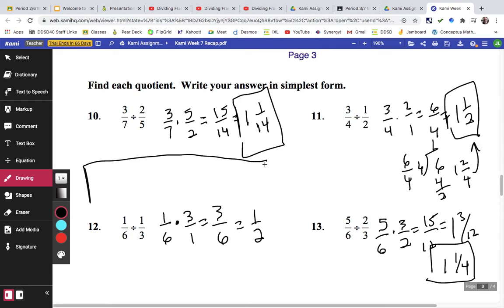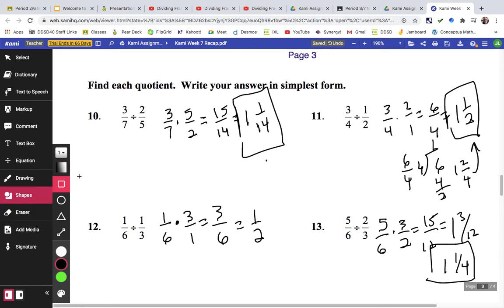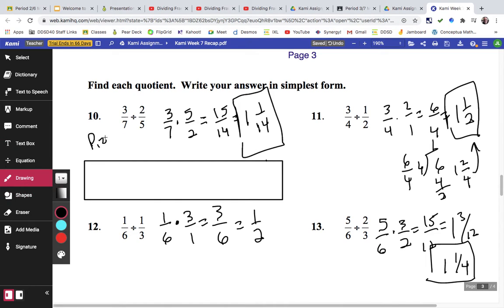Now let's say we had a pizza that was a big rectangle. We did this in class. And I'll draw a better rectangle here. Let's see if this will work. There we go. Okay, so this is our pizza. And we're going to divide it into 6 equal parts.